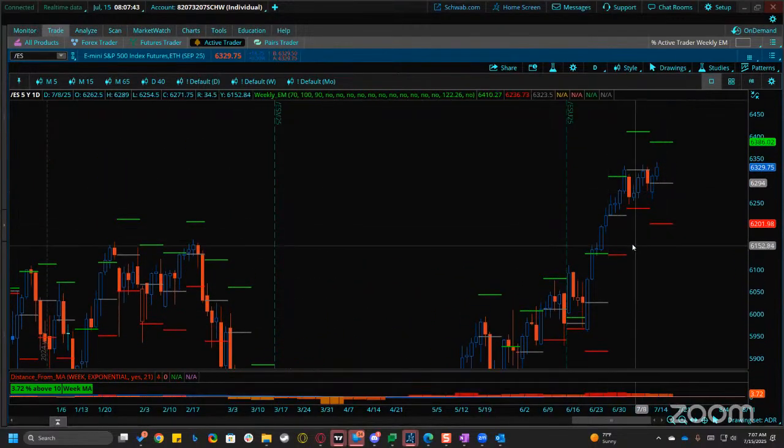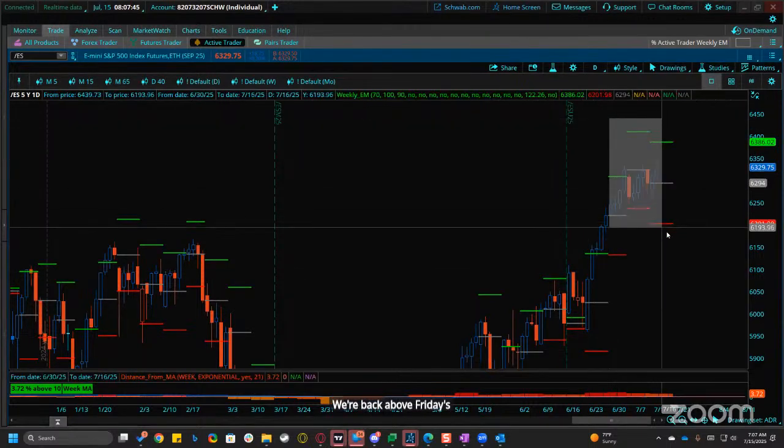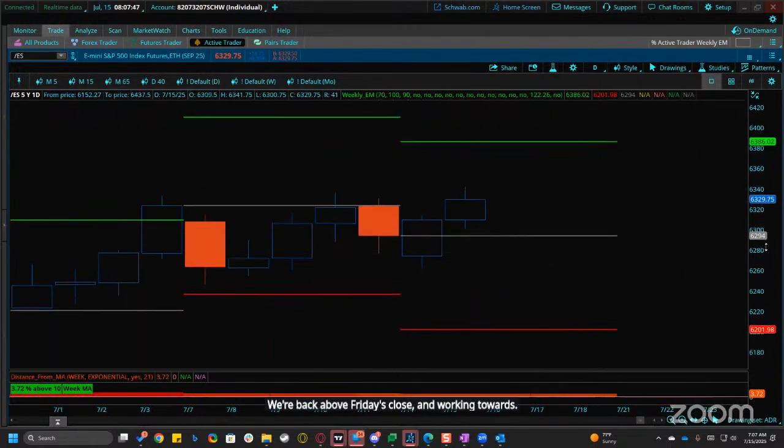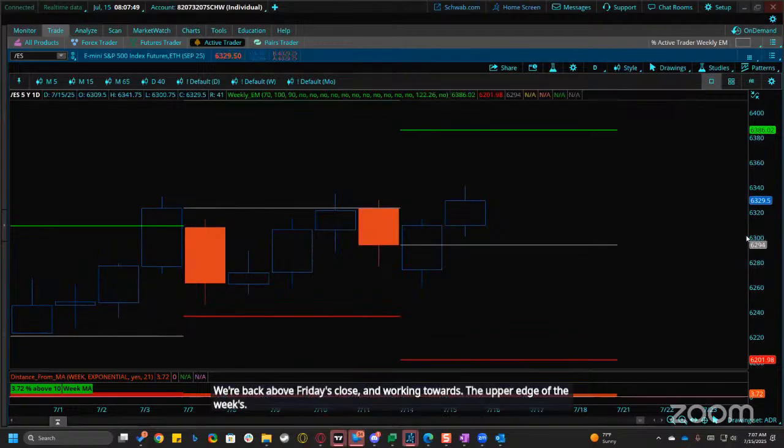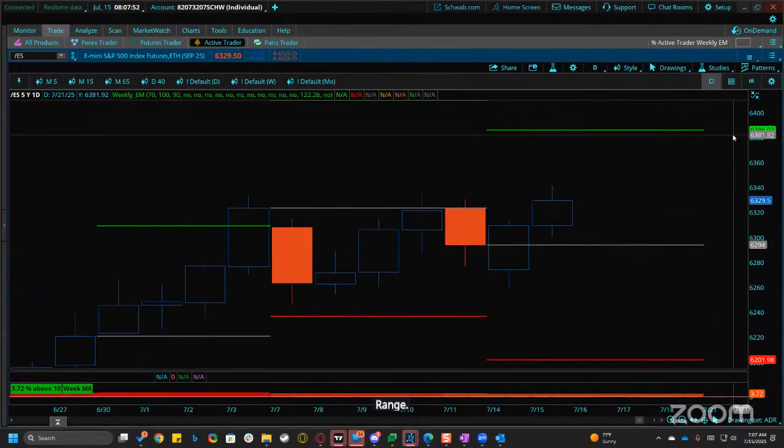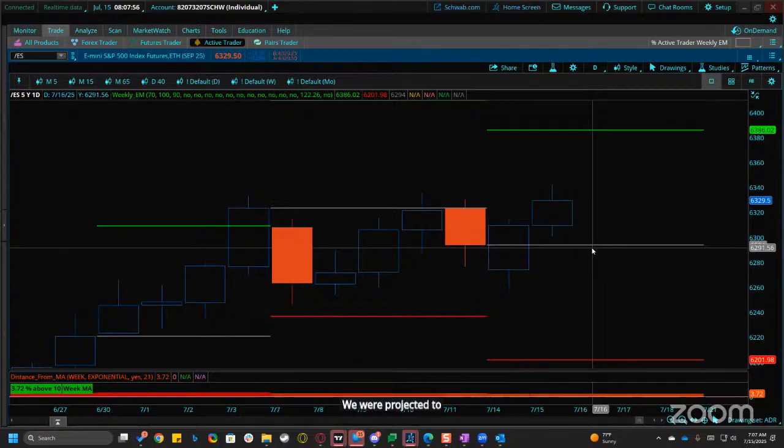We're back above Friday's close and working towards the upper edge of the week's range. 63.86 is how far we were projected to travel for the week. We can wick out of the box, but we would want to be back inside the box by the end of the week.